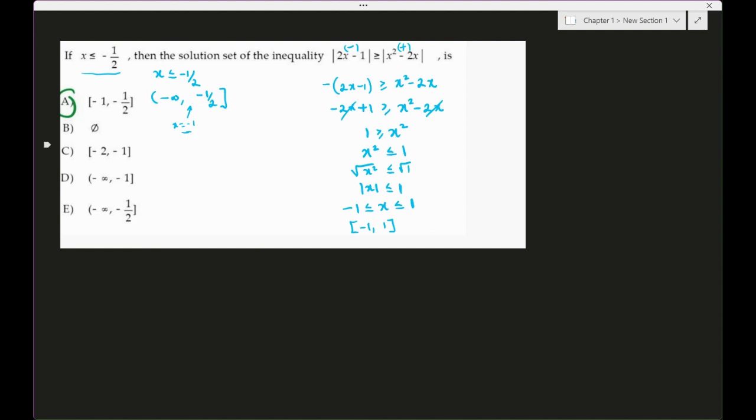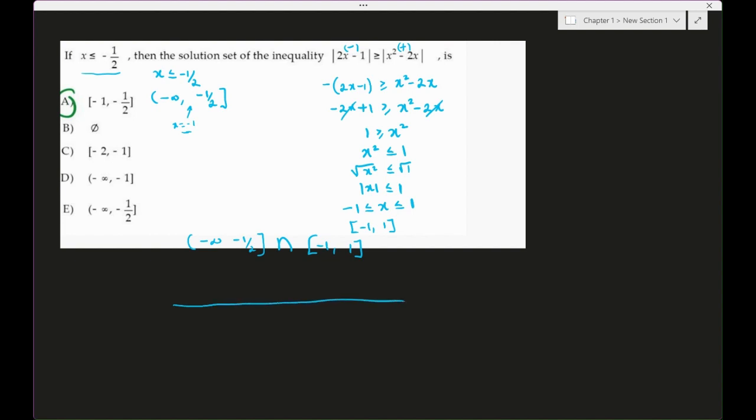So you cannot have any x that is greater than minus half. One way to handle this is to take the intersection. Let's intersect it with the interval from minus 1 to 1.